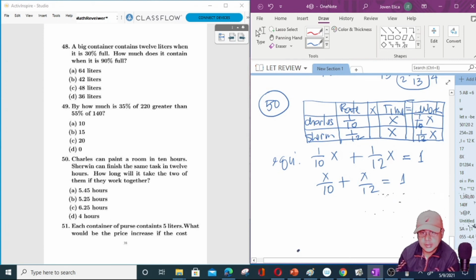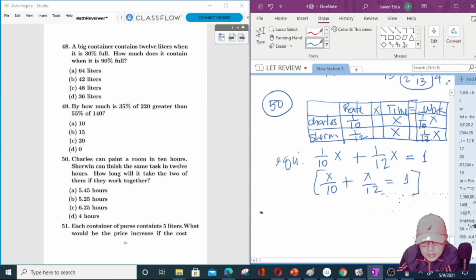What is the LCD? Get the LCD: 2 times 5, 2 times 6, 6 times 5 is 30, times 2 is 60.